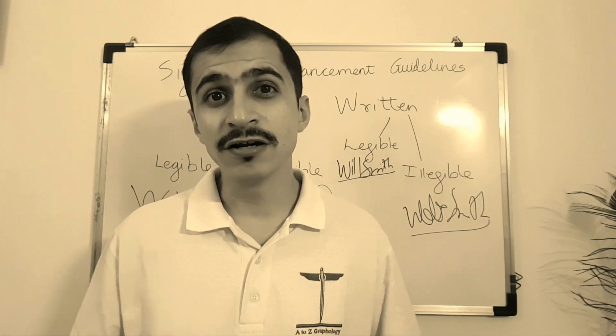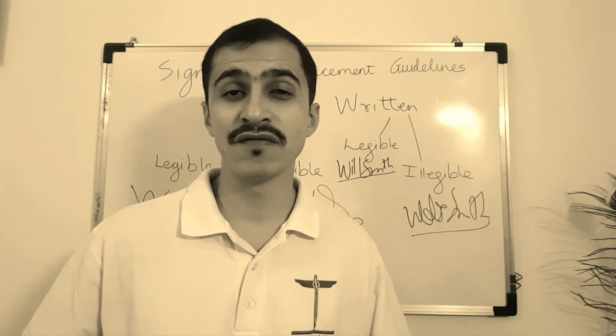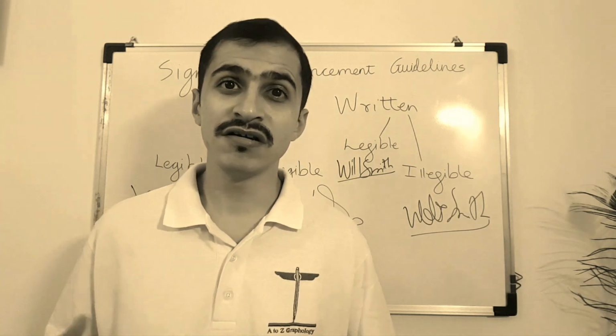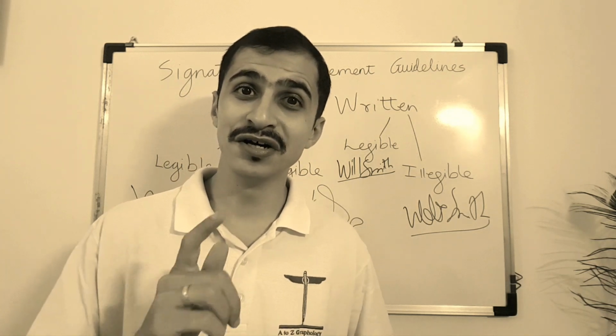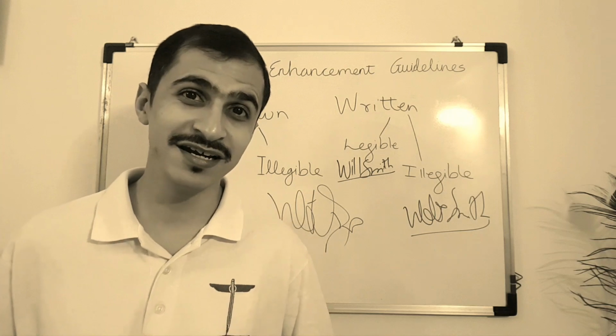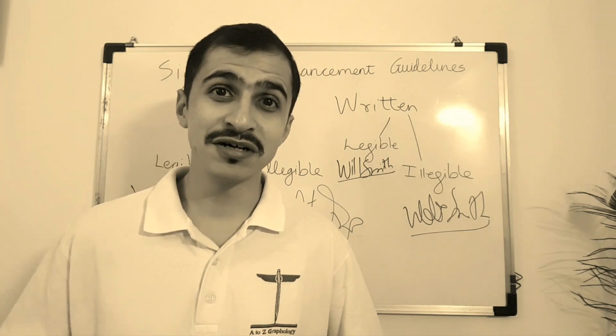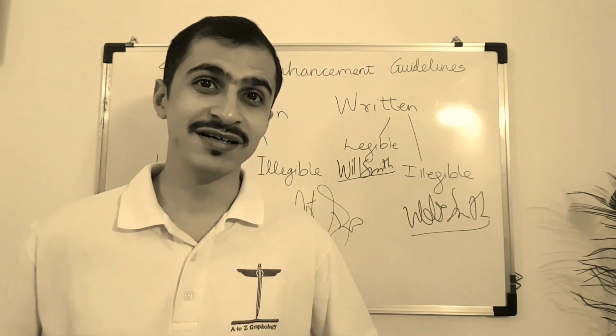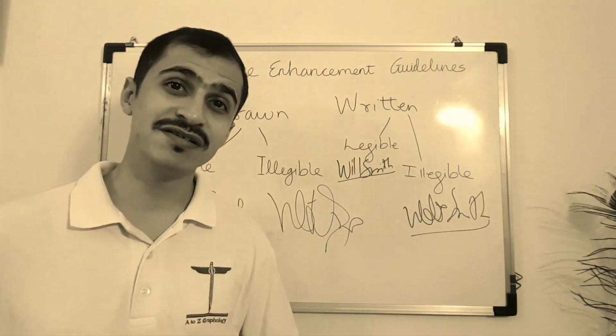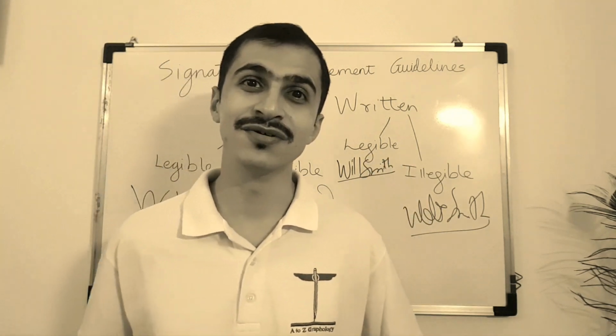If you're in the law and order police department, or if you're a criminologist, or if you're in the field where your personality needs to be hidden and you need to show a different way of behavior, then certainly a written illegible signature could be a huge advantage to you.